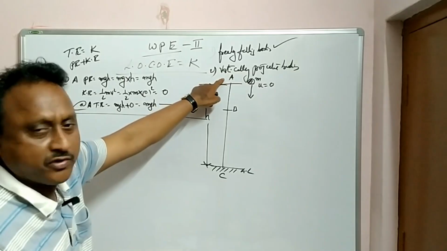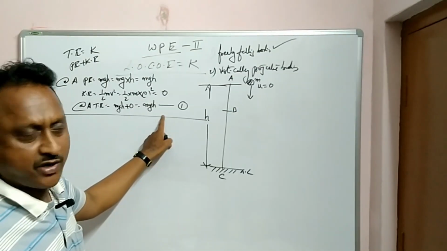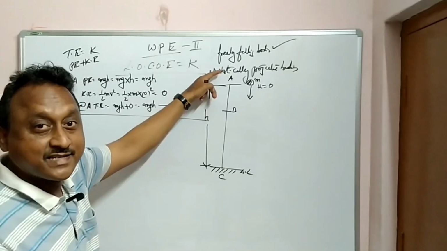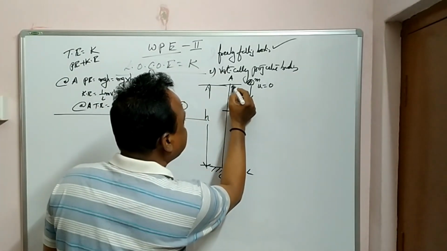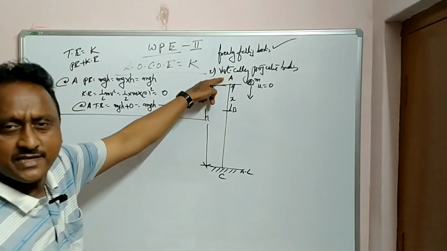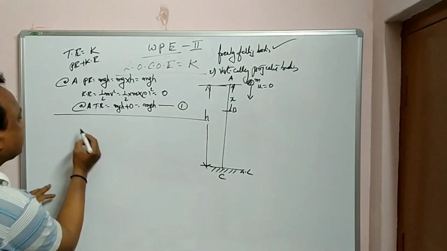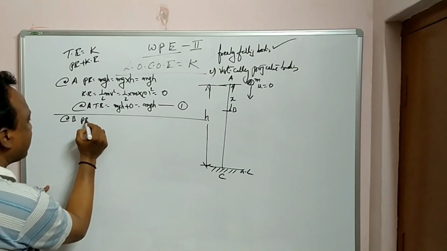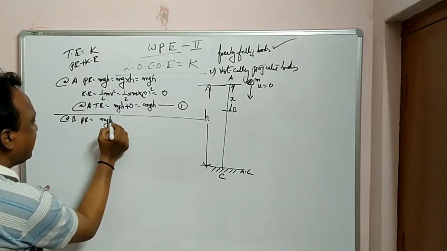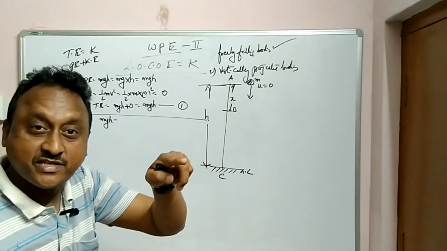So at A we have proved the total mechanical energy is equal to potential energy for a freely falling body. Now let the body has traveled from A to B over a displacement of say x. So అప్పుడు ఏమవుతుంది? At B, potential energy. Now at height B, what is potential energy from definition?